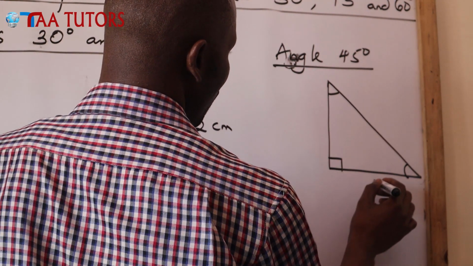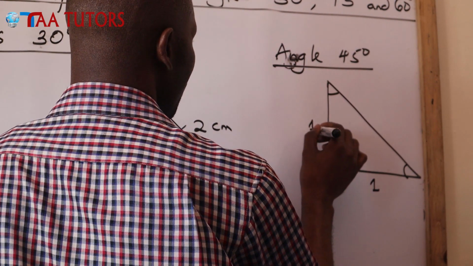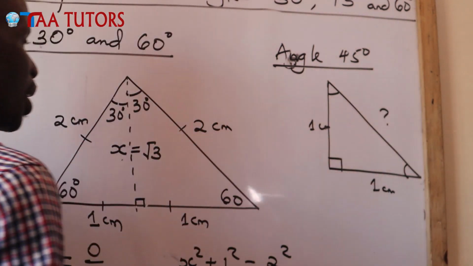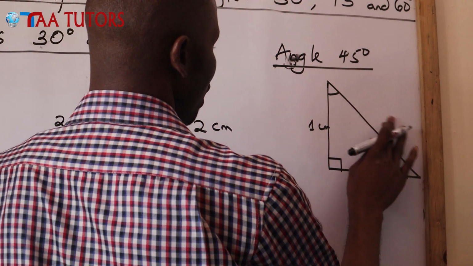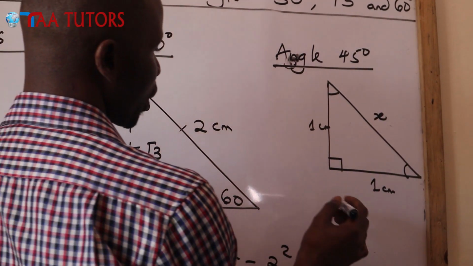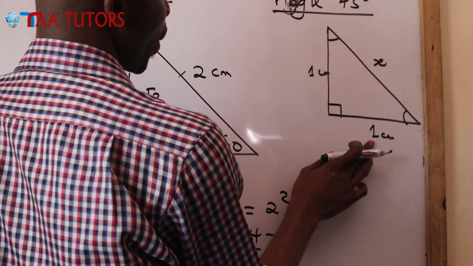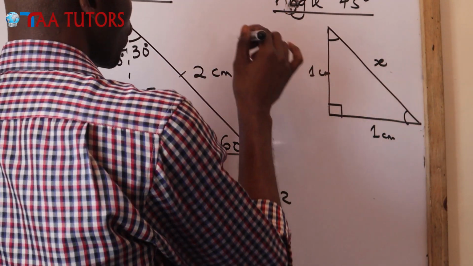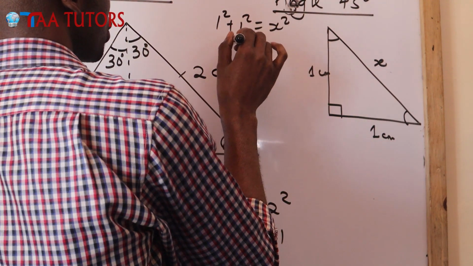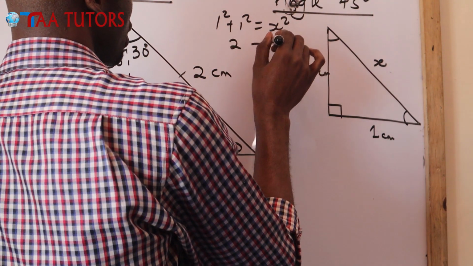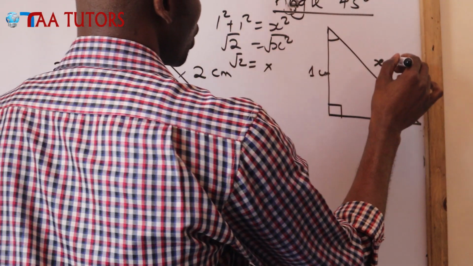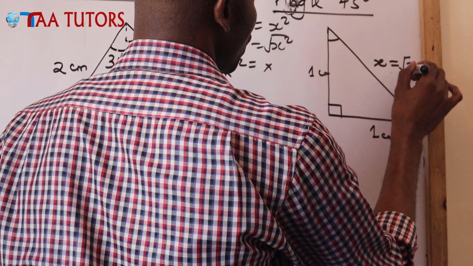So if you have 1 centimeter here and 1 centimeter here, what should this be? If I say this is my x, we expect that 1 squared plus 1 squared should give us x squared. And this is 2 equals x squared. So x will be surd 2. So in this case the hypotenuse is surd 2.